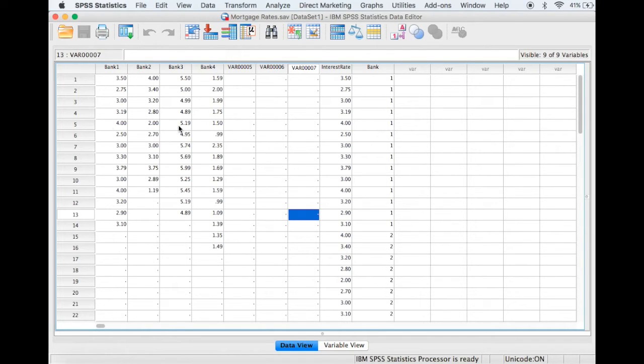In terms of the assumptions of the test, first of all, we must have that the groups, or banks in this case, are independent, and I assume that is the case for the purpose of this video. We must also have that the mortgage interest rates for each bank are normally distributed, and again I will assume that this is the case.